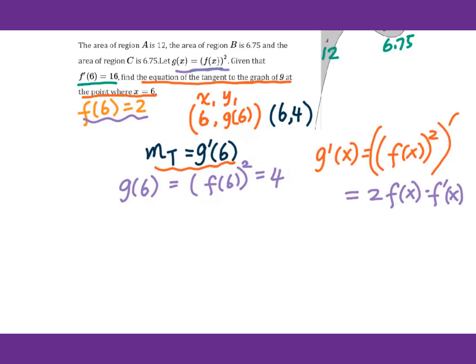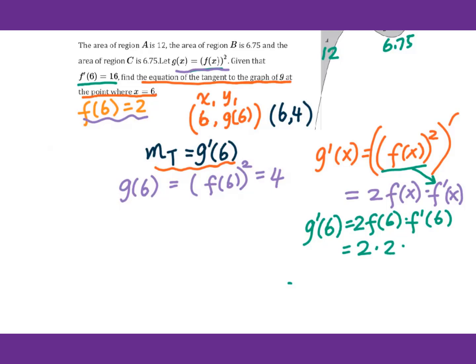You have to do the power rule first, then take the derivative of f of x by using the chain rule. Now we get g prime of 6 equals 2 times f of 6 times f prime of 6. That is 2 times 2 times 16. This is given here. That equals 64. This will be the slope of the tangent line.